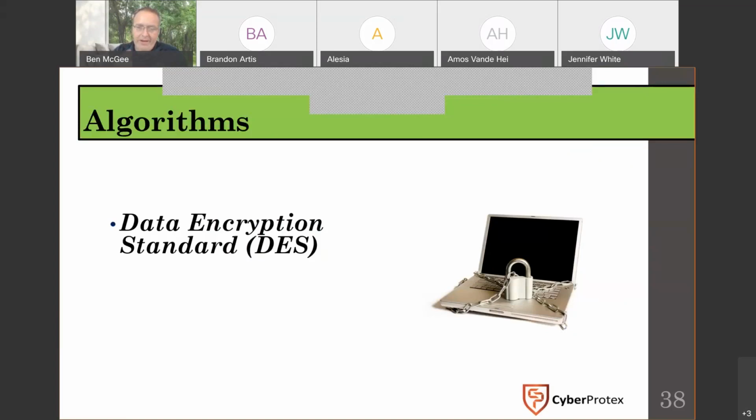The idea was that the National Security Agency, or the NSA, would be able to take this algorithm and apply it to any type of communications that they wanted to. And they named it the Data Encryption Standard.